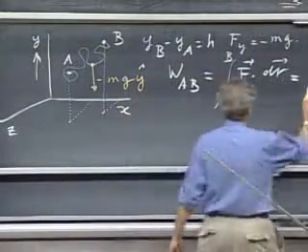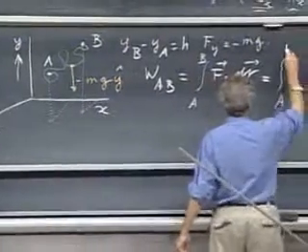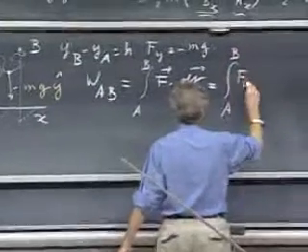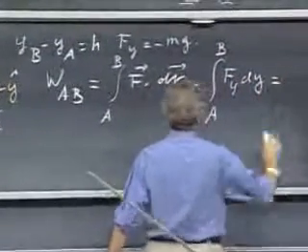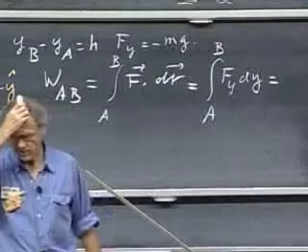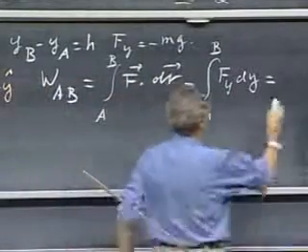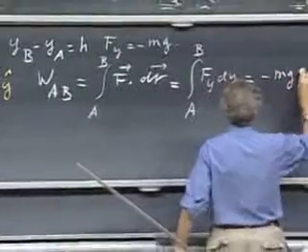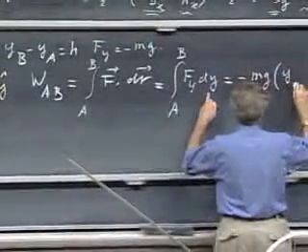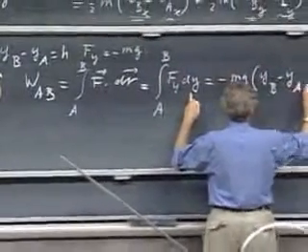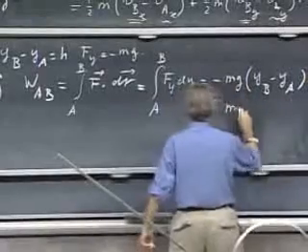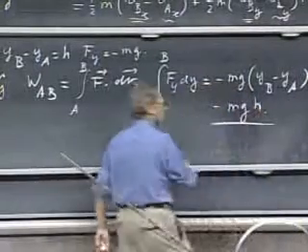So it is the integral from A to B of fy dy. And that equals minus mg, because we have the minus mg, times y of B minus y of A, so that is minus mg times h.